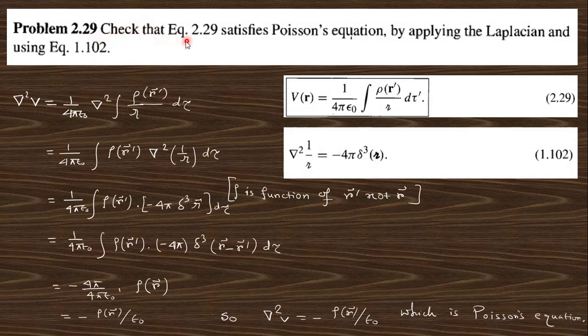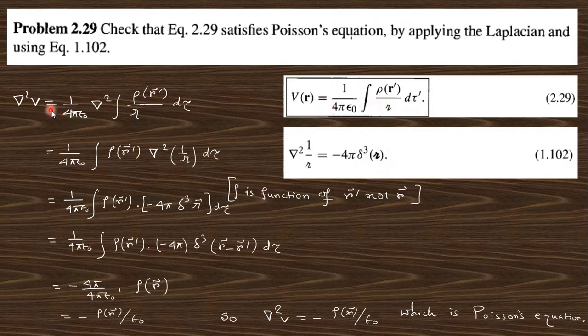2.29 says check that equation 2.29 satisfies Poisson's equation by applying the Laplacian, and equation 1.102 is grad squared of 1 by curly r equals minus 4π delta of curly r, and this is the potential expression.